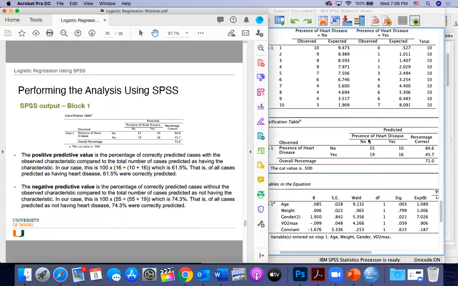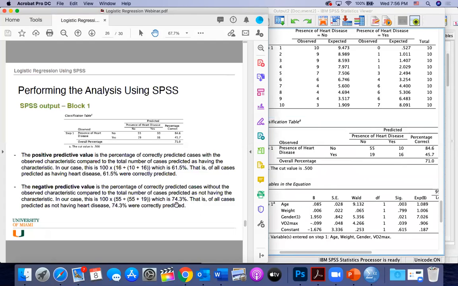And if you want to look at the no column, that is the percentage of correctly predicted cases without the characteristic compared to the total number of cases predicted as not having the characteristic. So in our case, not having is 55, and we divide 55 by the sum of 55 and 9, and then multiply it by 100.